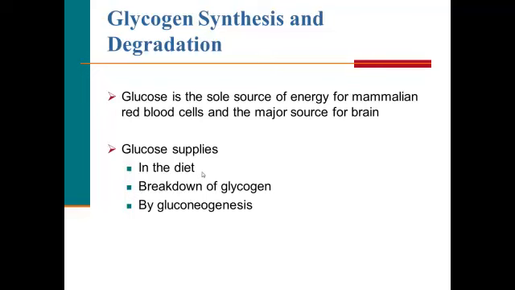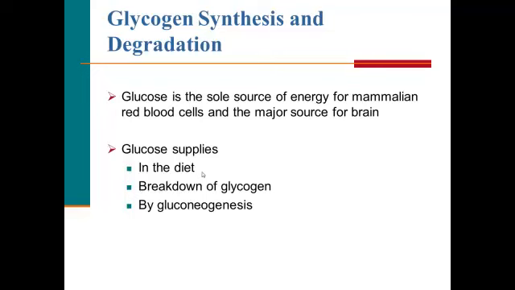However, during bouts of food deprivation, whether that be a relatively short period of time, like 5 or 6 hours, or an extended period of time, our body has to replenish glucose back into the blood in order for the red blood cells and our brain to utilize for energy.